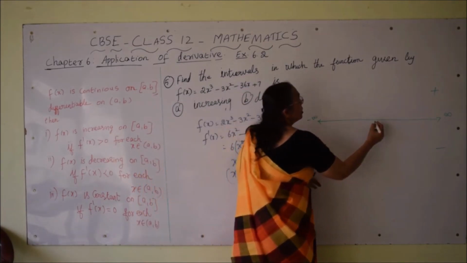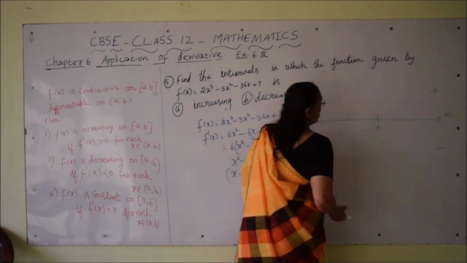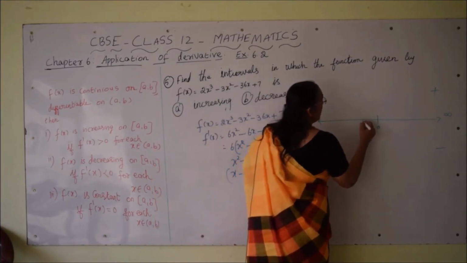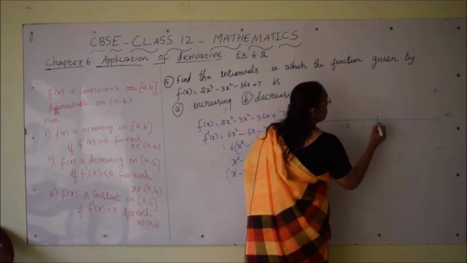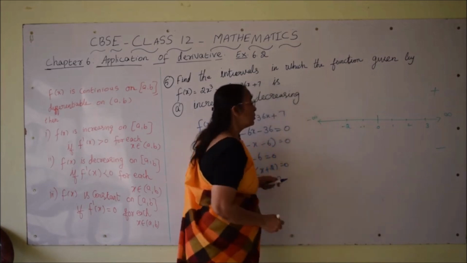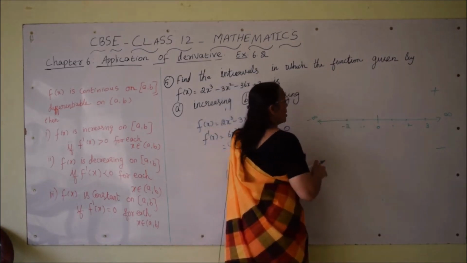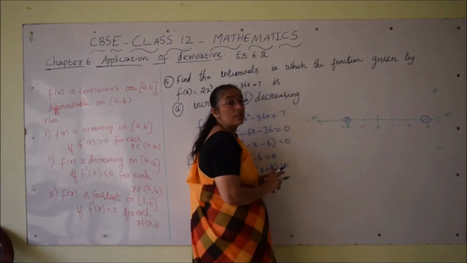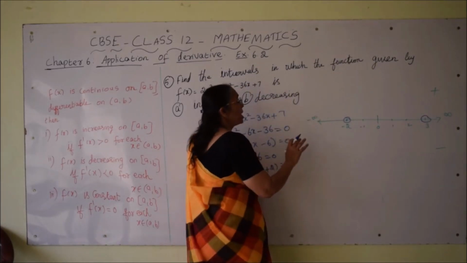So now let us take this one as origin 0, and the turning points are minus 2 and 3. So here minus 1, here minus 2, and here 1, 2, and we have 3. So these two are our turning points, minus 2 and 3. The whole real number system is divided into 3 intervals.